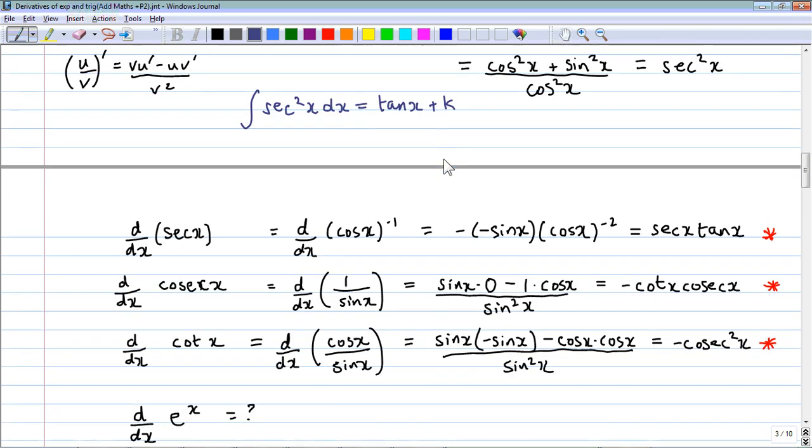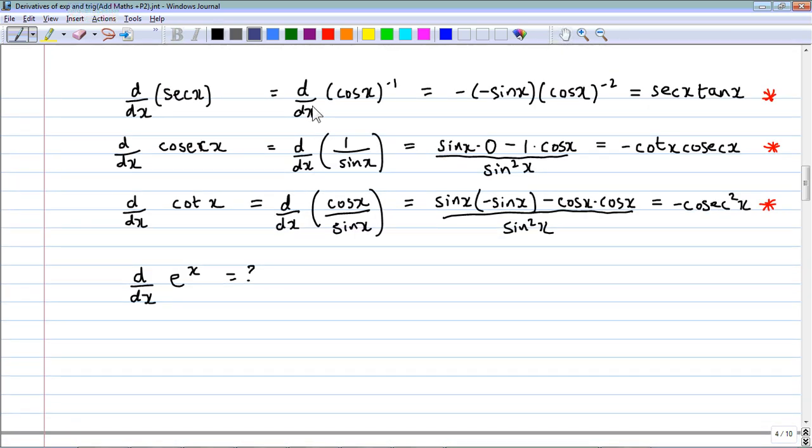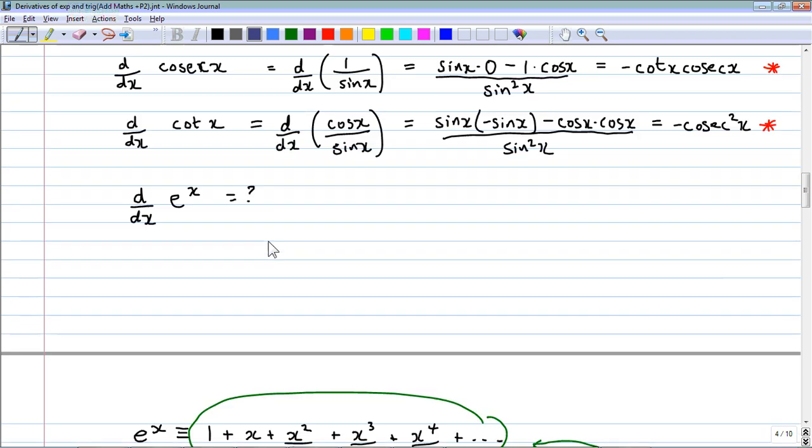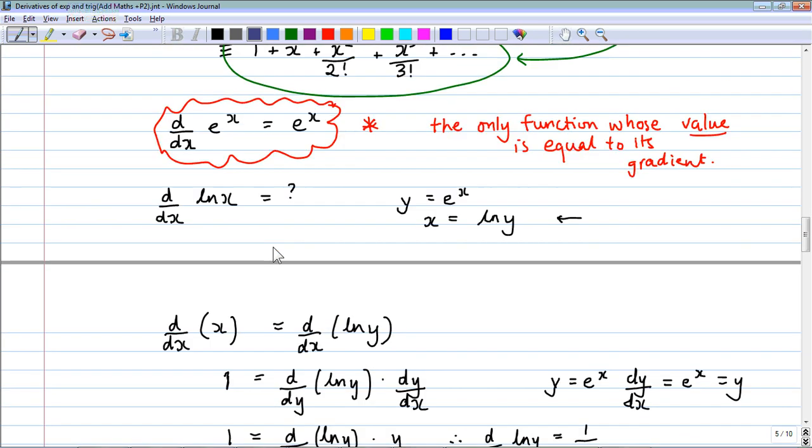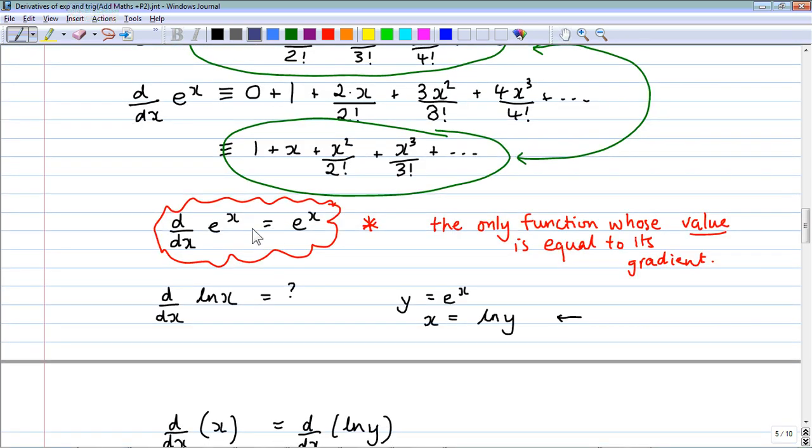So this is just the basic principle repeated again and again. Now I won't do it here, but obviously you can do that yourself as an exercise. Here we figured out the derivative of e to the x was e to the x, so it follows that the integral of e to the x dx is e to the x plus a constant.